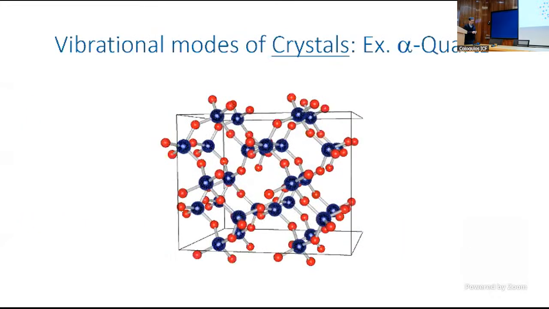Let's go for the solid. So this is a perfect crystal, an example, alpha quartz, and it has periodic boundary conditions here. So when you model this, for example, when you're making calculations, you only need to make it with a small portion, and then you know what's happening with the solid.